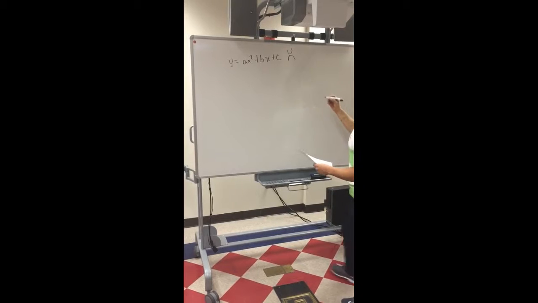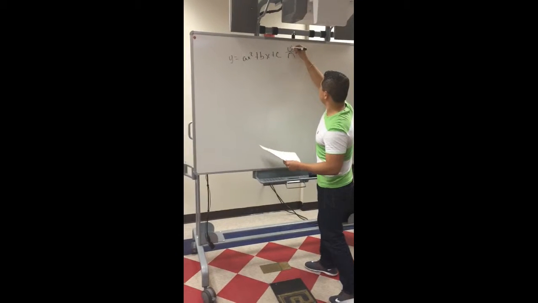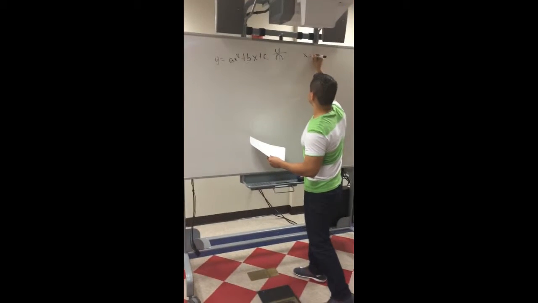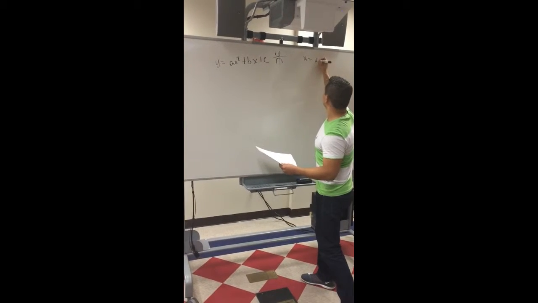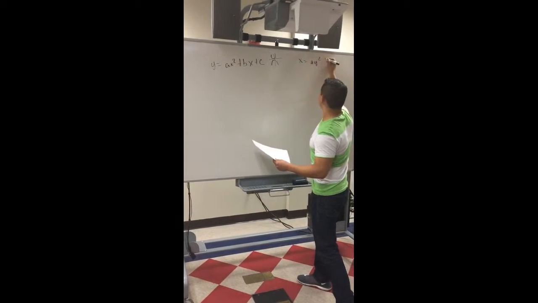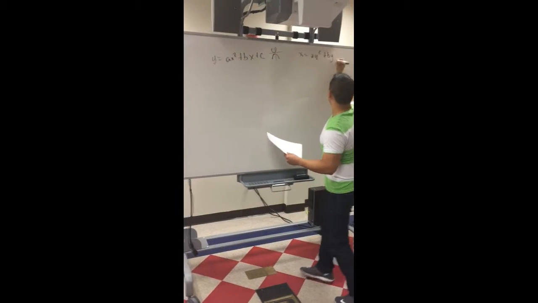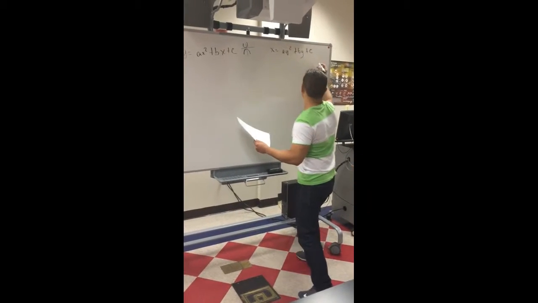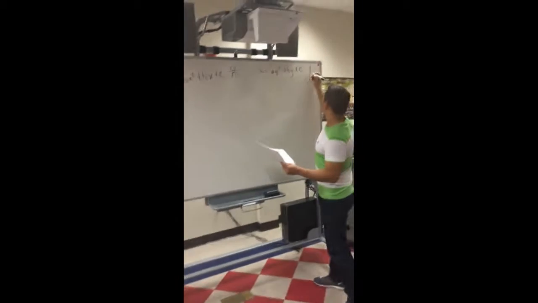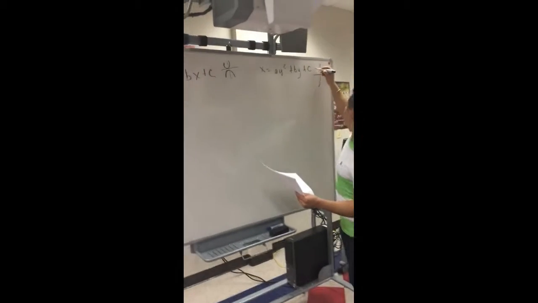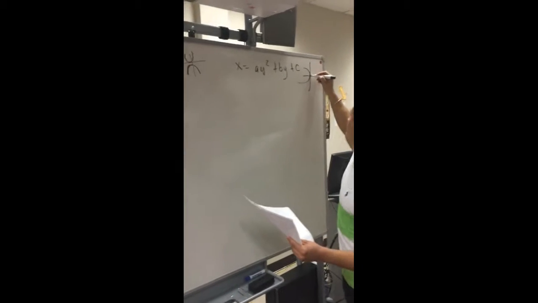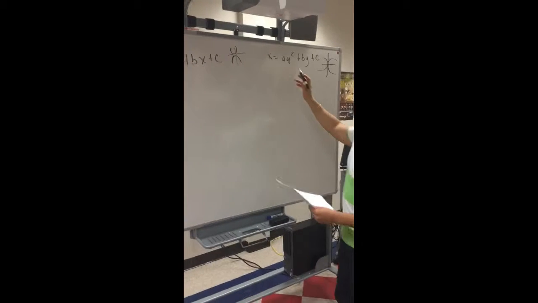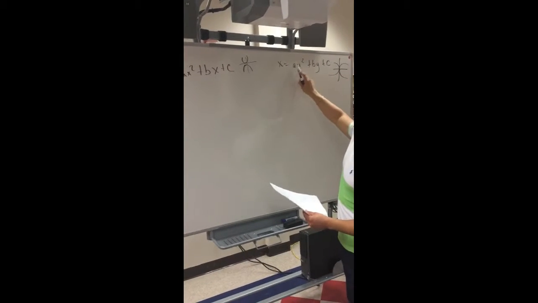Now, if we have x equal to ay squared plus by plus c, then we would have a parabola that would go either to this side or to this side, depending on whether a is negative or positive.